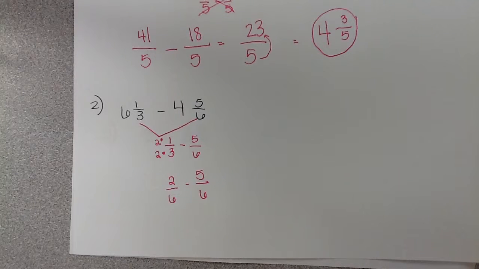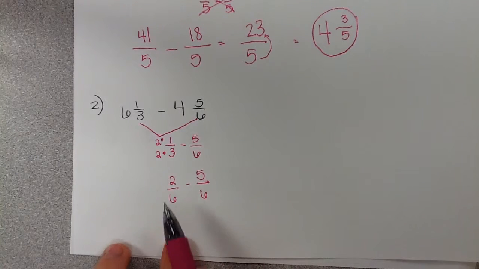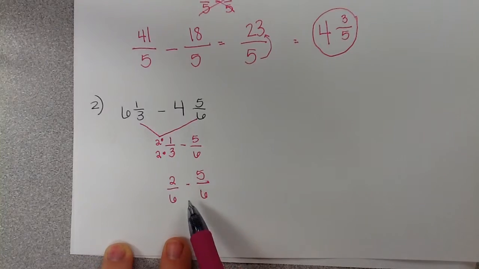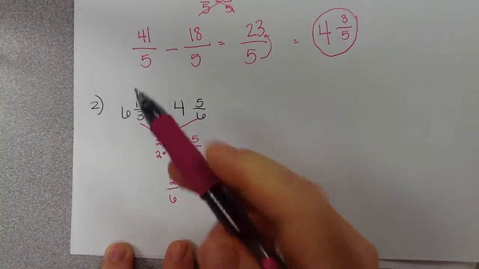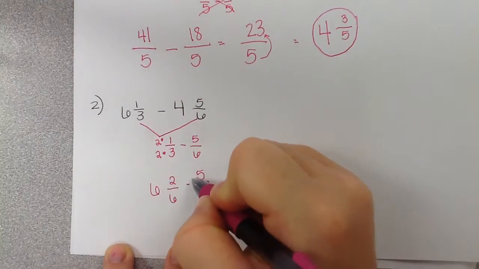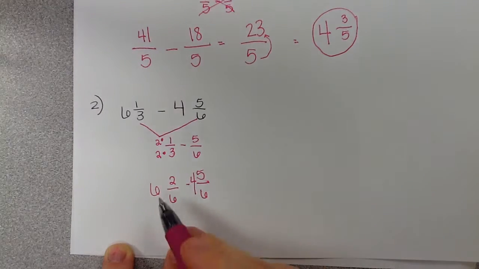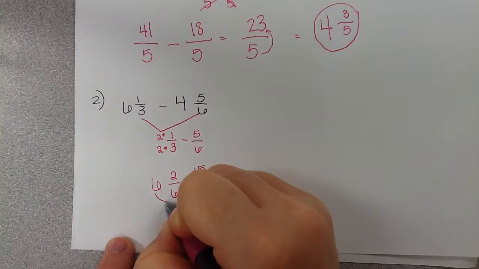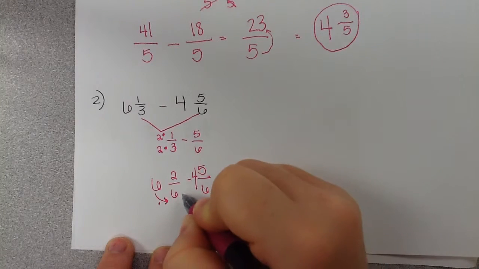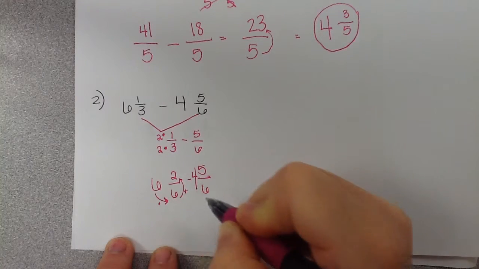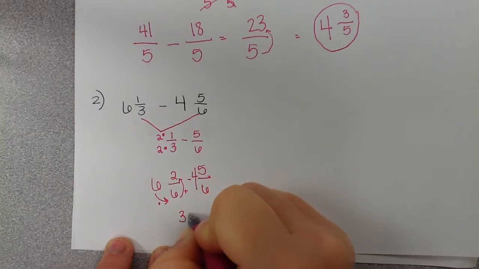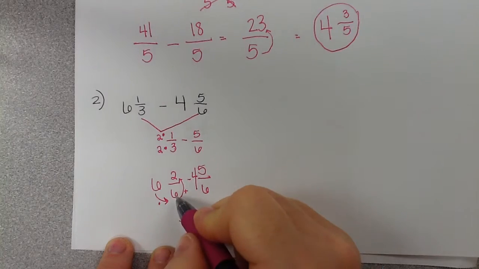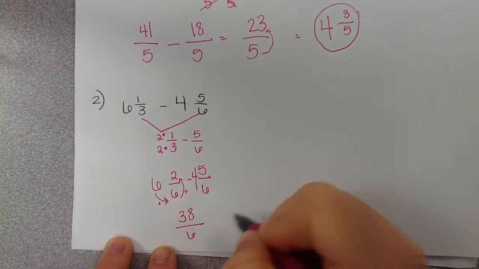What's our problem here? We can't subtract these without getting negative numbers, and I have a whole number. So I'm going to bring down my whole numbers, and I'm going to make these improper fractions. 6 times 6, 36, plus 2, 38 over 6.